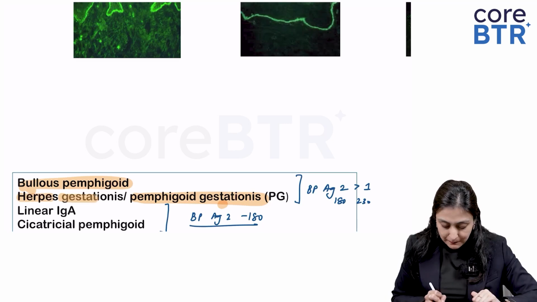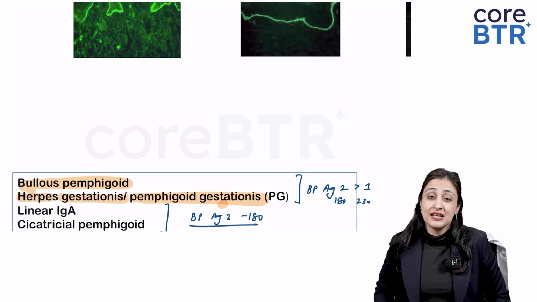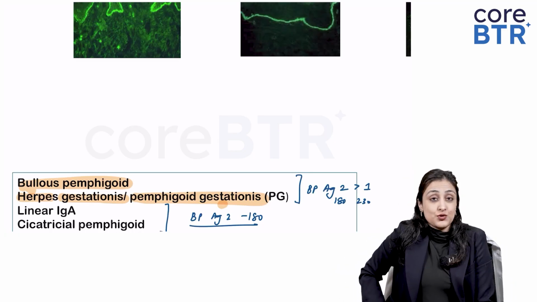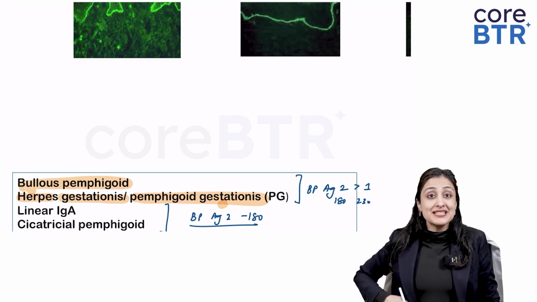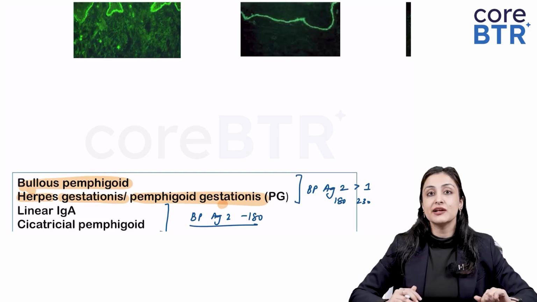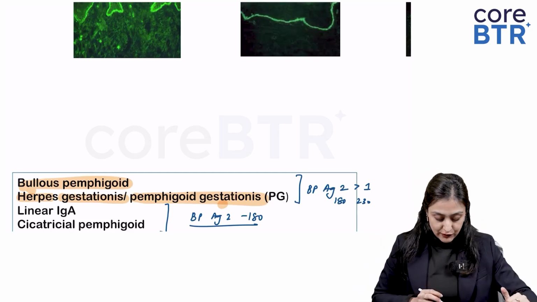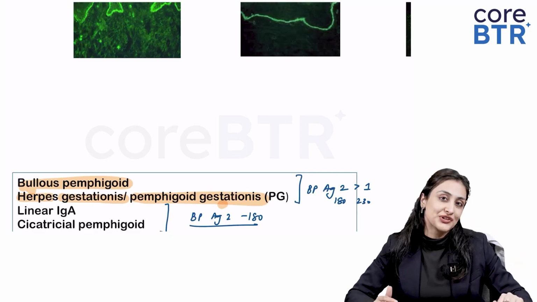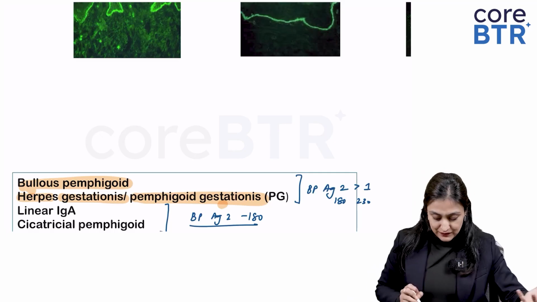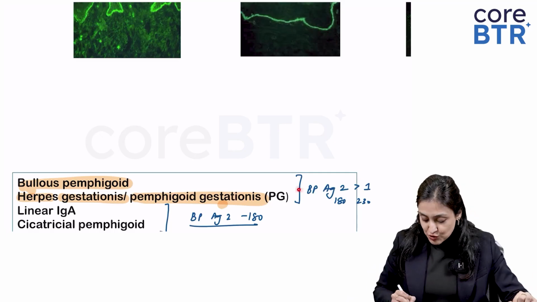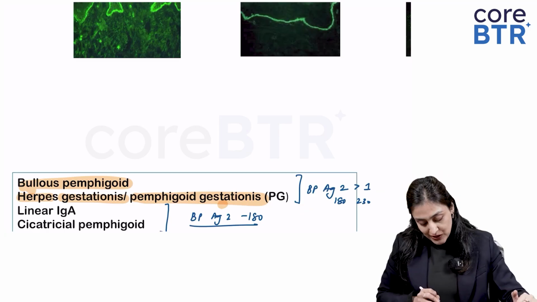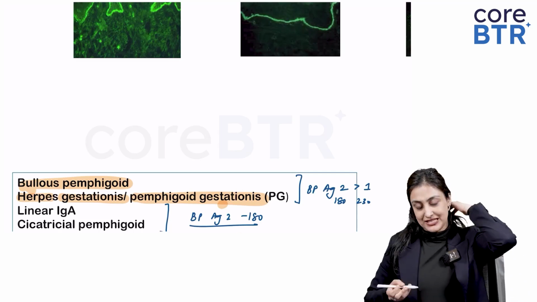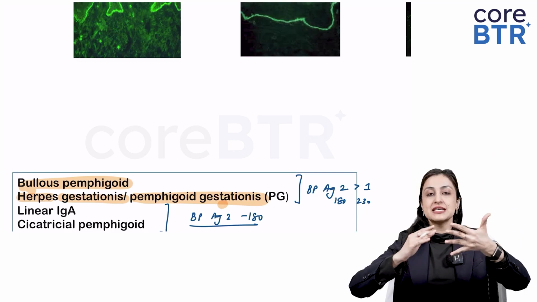It was called herpes gestationis. Gestationis makes sense, but why herpes? I don't know why there are these misnomers with herpes everywhere. Impetigo herpetiformis, dermatitis herpetiformis, herpes gestationis, and all three have nothing to do with herpes, right? This is BP antigen both 2 and 1. This is linear IgA cicatricial, meaning scarring, only 180. So these are just types of tense bullae.